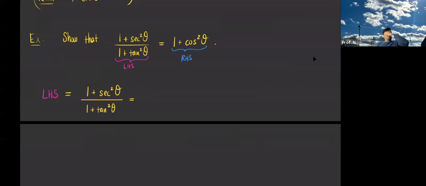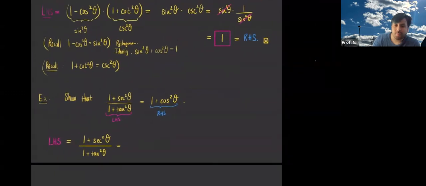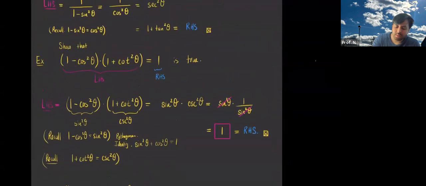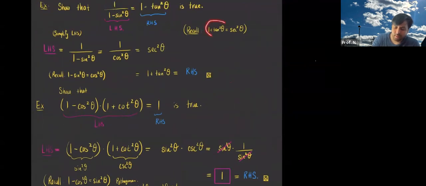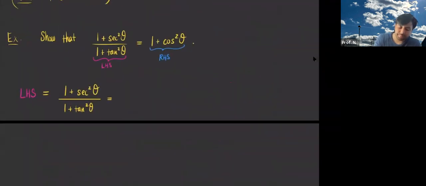So what can we do here? Look at the denominator, 1 plus tangent squared theta. Have I seen that before? I think we just talked about it, didn't we? What is 1 plus tangent squared theta? It's secant squared theta. So I can rewrite this as 1 plus secant squared theta all over secant squared theta.